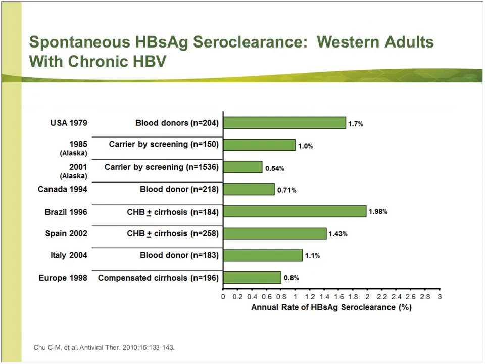Back to the sad news. In Western adults, the chance of a patient naturally clearing S on their own, as we mentioned earlier, is in the 2% range. Some it's even lower, but you can see from the Alaska data, it's in the 1% to 0.5% range. But that's because in Alaska, most individuals historically had vertically acquired hepatitis B. It followed more of an Asian pattern, although there was some horizontal transmission in Canada as well.